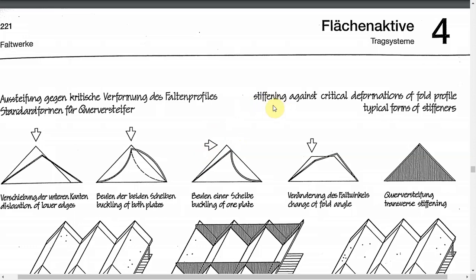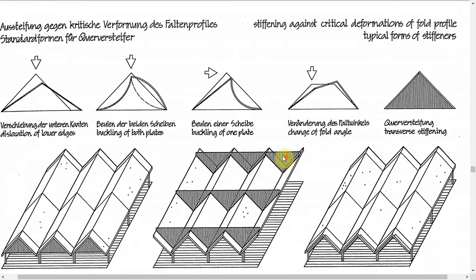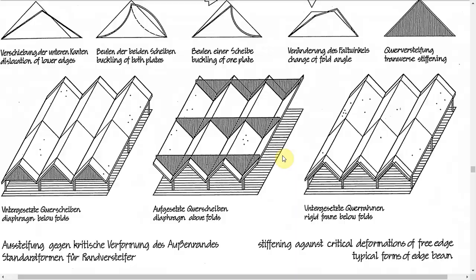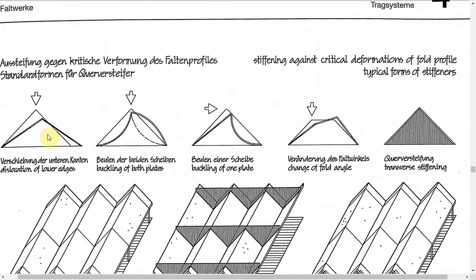First is stiffening against the critical deformation of the fold profile, typical forms of stiffness, right? It is clear from these diagrams that there is a dislocation of the lower edges, buckling on both plates, buckling on a single plate, change in the fold angle, and transverse stiffening.